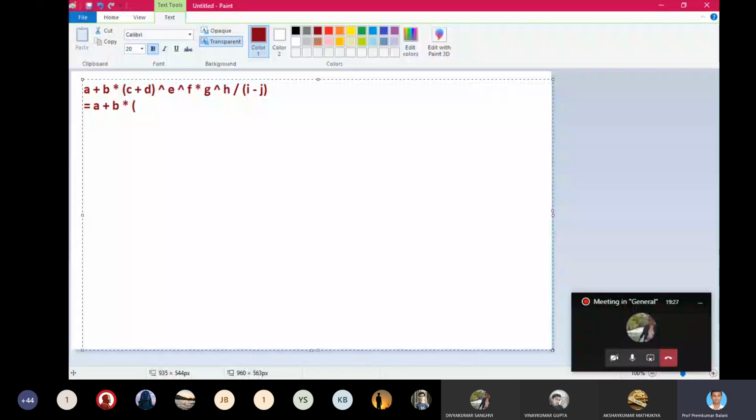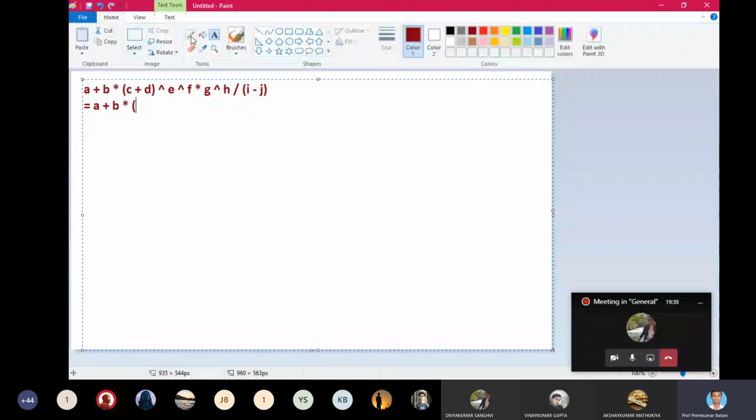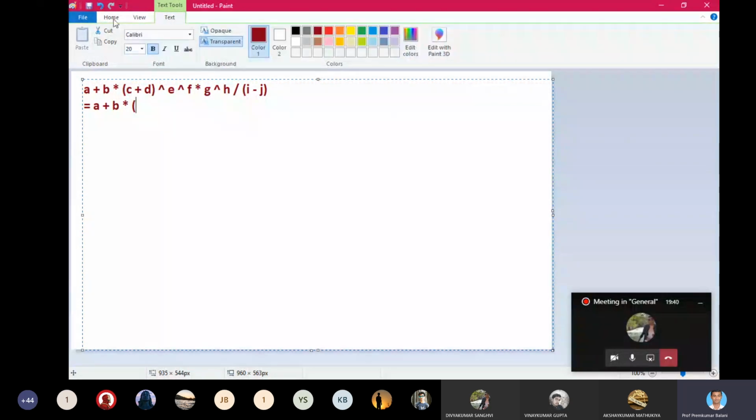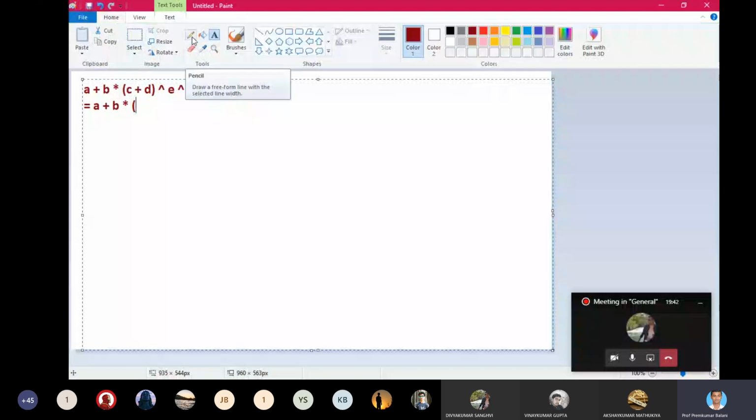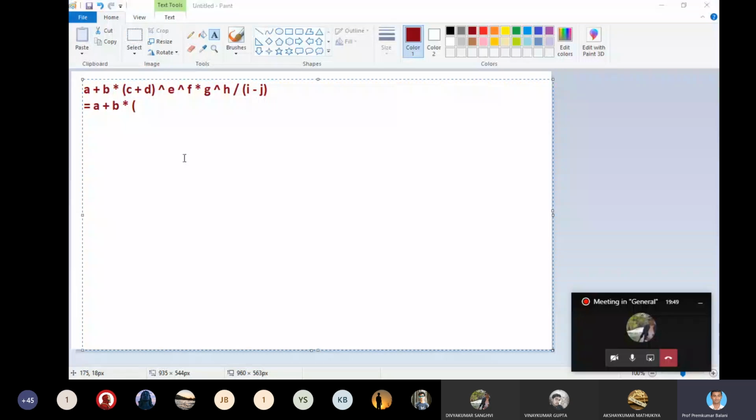now see this, we want to convert it to postfix expression.